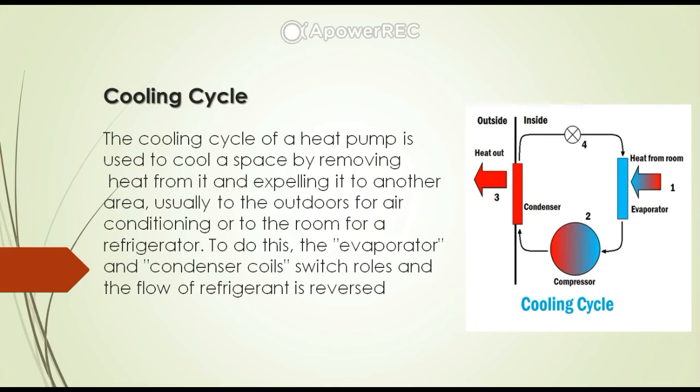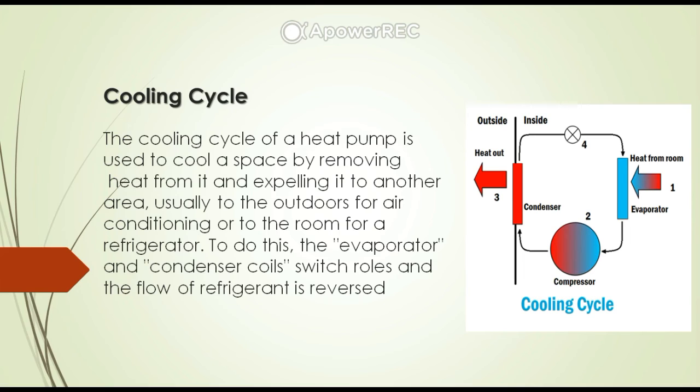As for the cooling cycle, the cooling cycle of a heat pump is used to cool a space by removing heat from it and expelling it to another area, usually to the outdoors for air conditioning or to the room for a refrigerator.